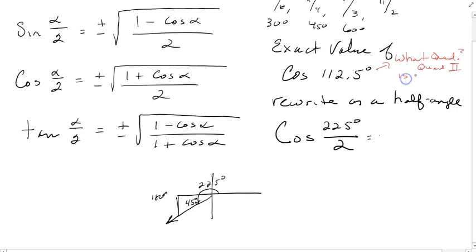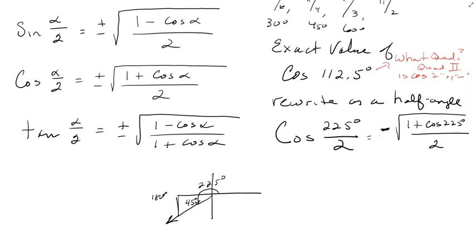Ask yourself, is cosine positive or negative in quadrant 2? Oh, cosine's going to be negative in quadrant 2, so we do need the negative version of this square root. Then it's going to be 1 plus cosine of 225, which we will be able to do, divided by 2.